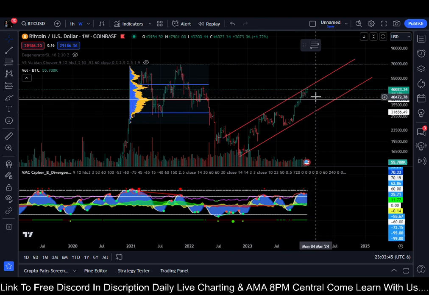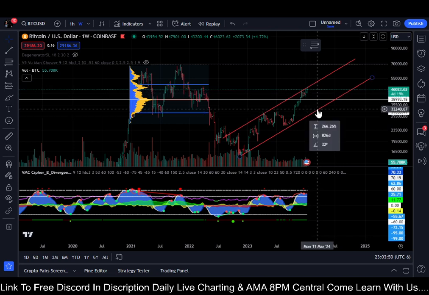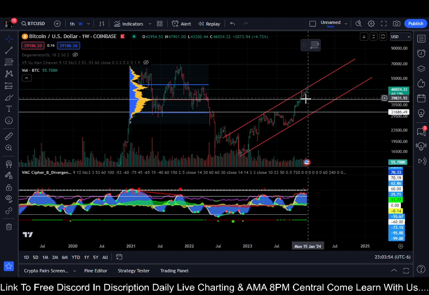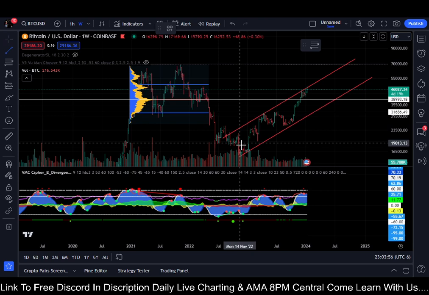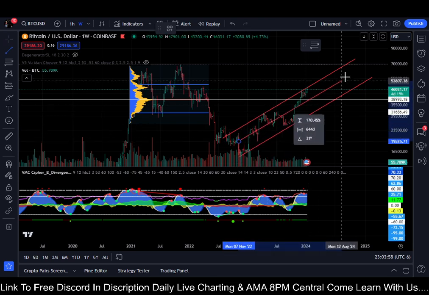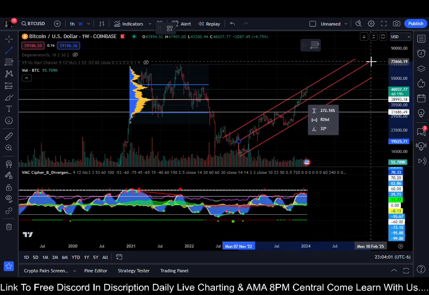Come on down, tap that, and revisit the high or halfway. And here's a significant level, here's a significant level. We can split our channel in half as a speed line for that POC target.